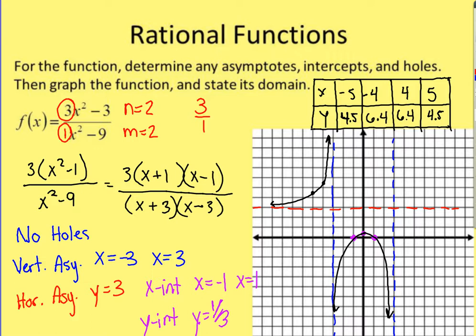On the other side, we know 4 is at 6.4. And we know 5 is at 4.5. So again, it's going to approach the red and blue lines. It's going to approach the asymptotes but never touch it or cross it.